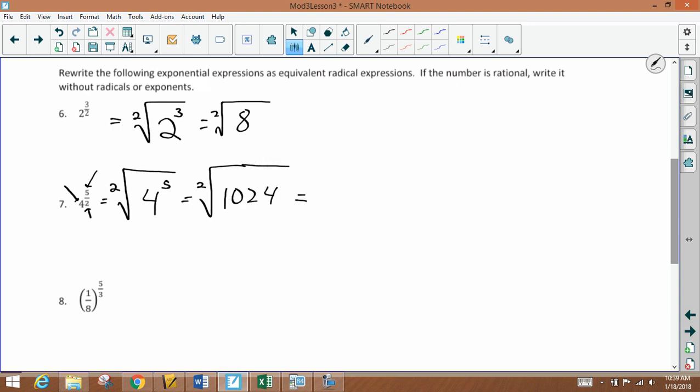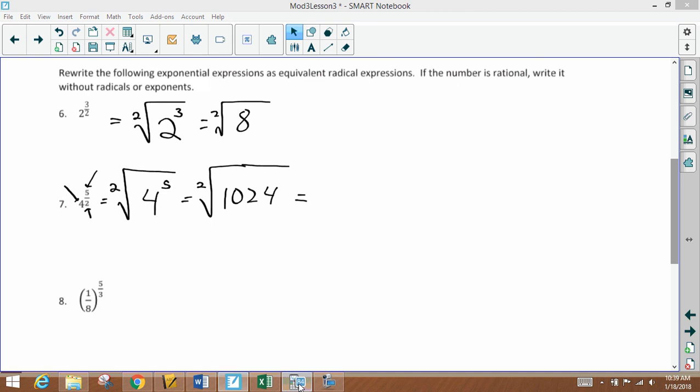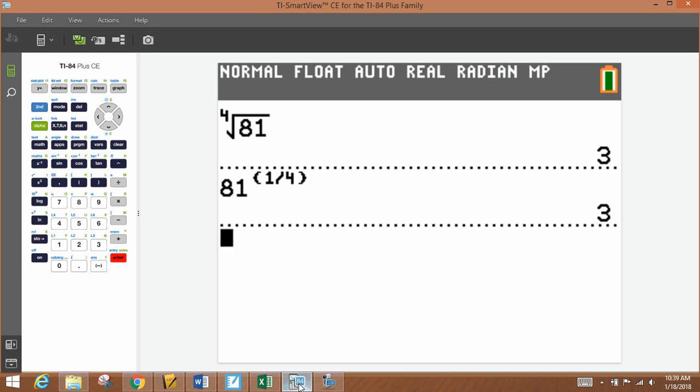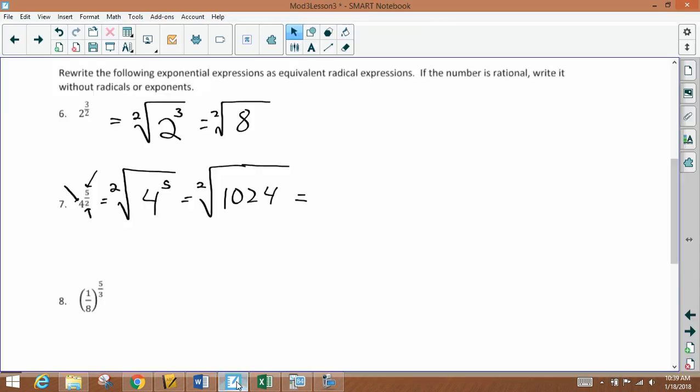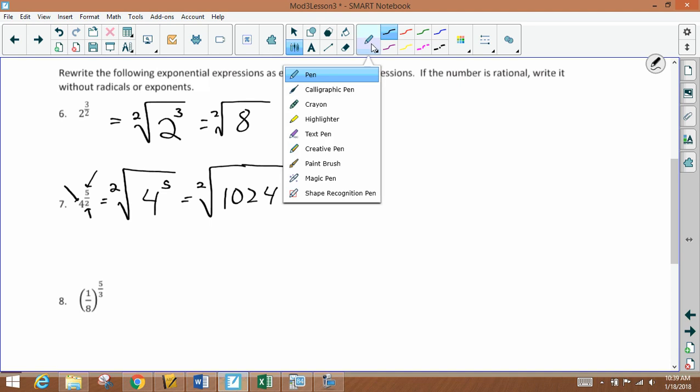Does 1024 have a square root? We can go to our handy-dandy calculator and go square root of 1024. And indeed, 32 times 32 is 1024.